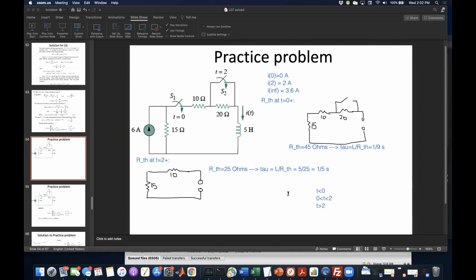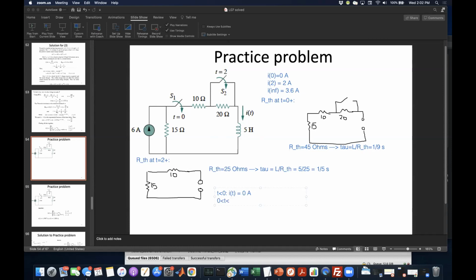So before time equals 0, IT we saw was equal to 0 amps. There was no energy before that first switch flipped. There was no current flowing through the inductor.